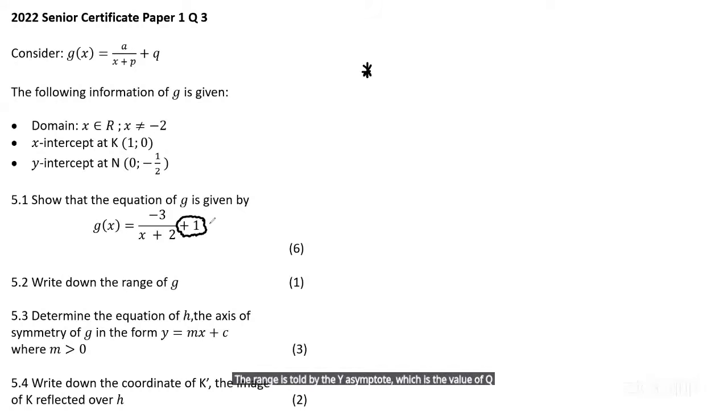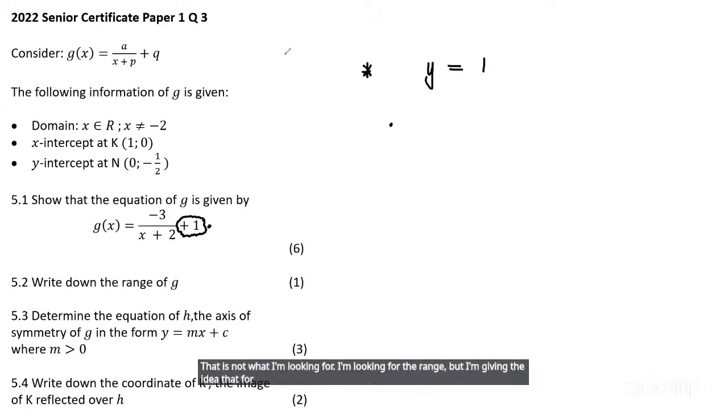Typically, the Y asymptote here is Y is 1. I'm looking for the range, but I'm giving you the idea that the range is strictly connected to the Y asymptote.